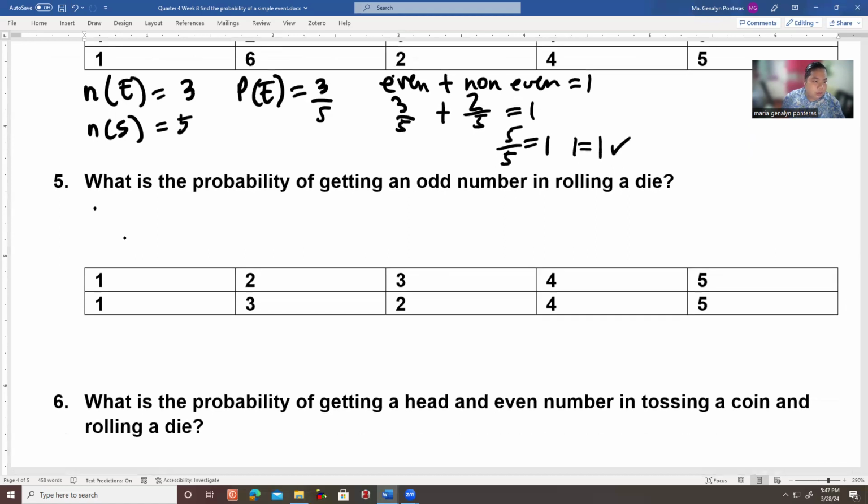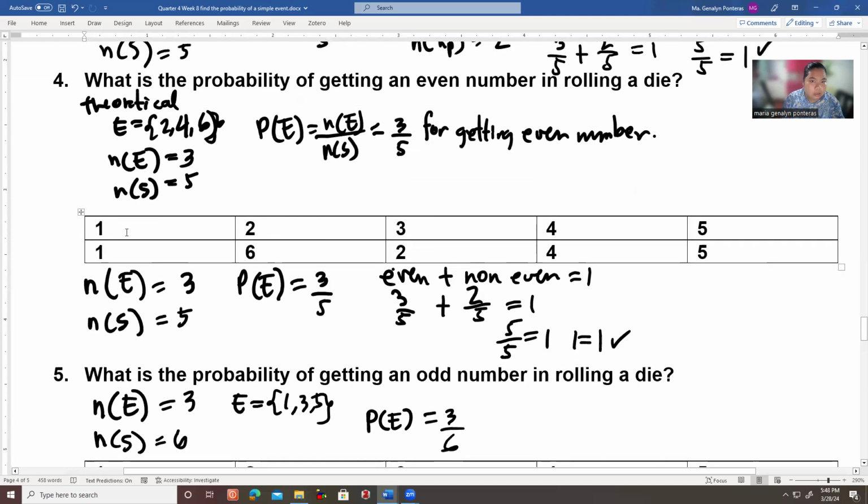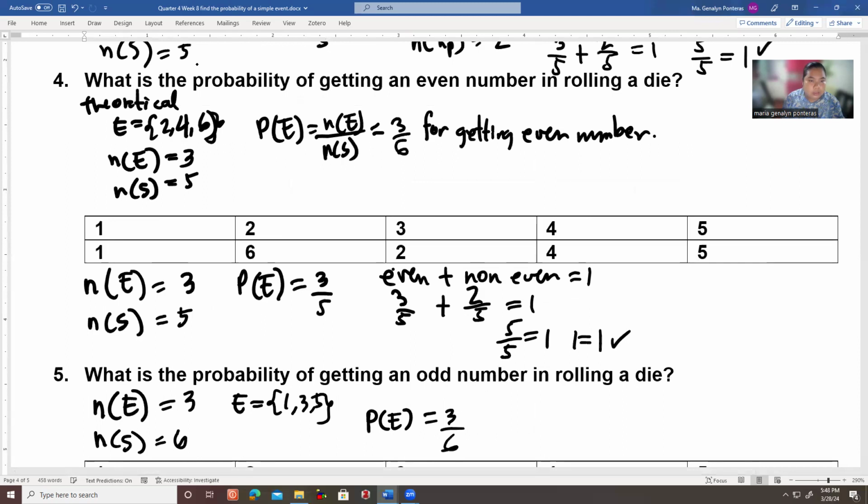So here, the odd numbers are 3. Recall that those are 1, 3, 5. We don't have 7. Sample space is 6. So P of E is 3 over 6. Correction. This is 3 over 6, which is 1 half.